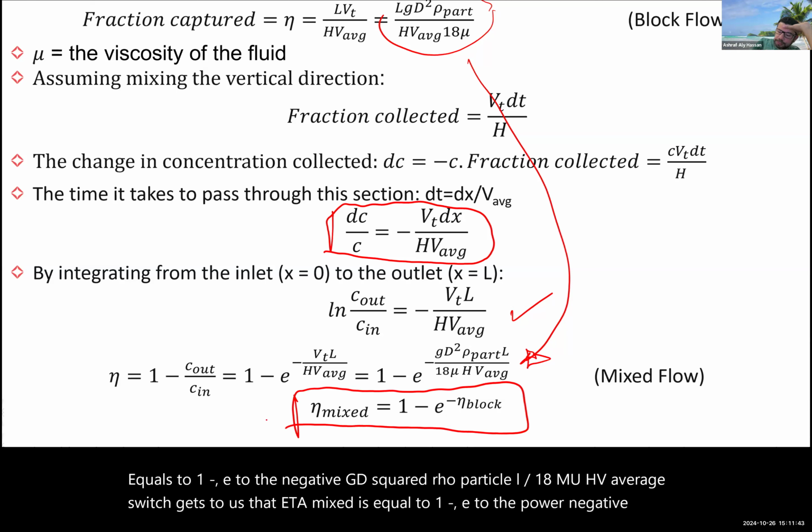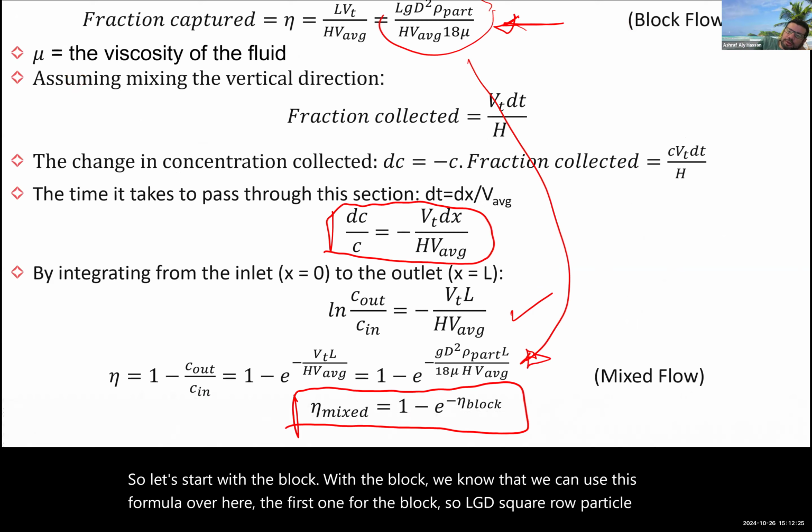So let's start with the block. With the block, we can use the first formula over here: L g d squared rho particle over H V average 18 mu.